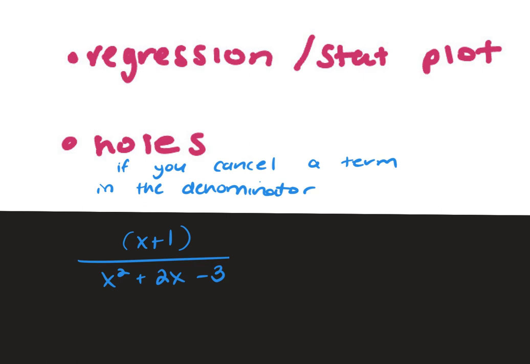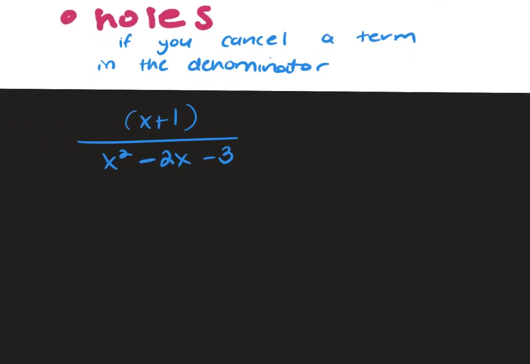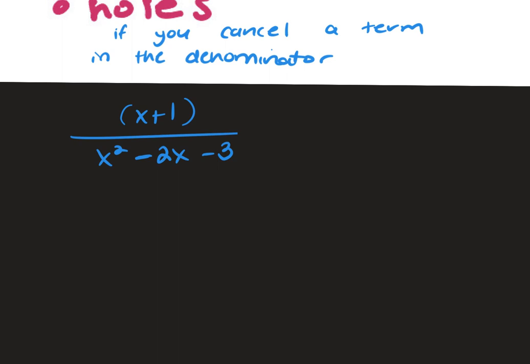Actually, let me make that the other way around, minus here. Something like this. I'd have to factor the bottom first. So this would be x minus 3 and x plus 1. And now these cancel. And if I've canceled it out completely on the bottom, it is no longer a vertical asymptote. It just became a hole.